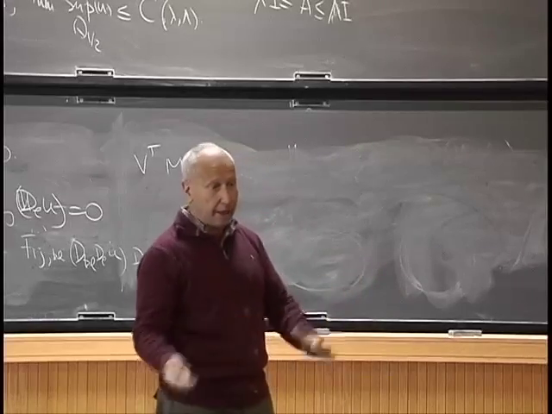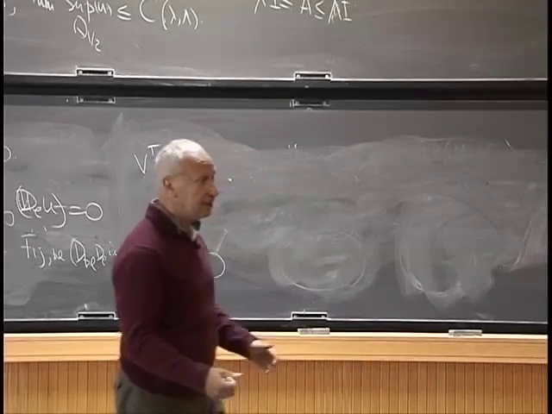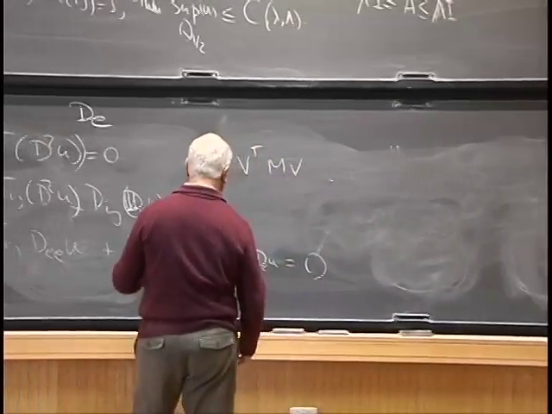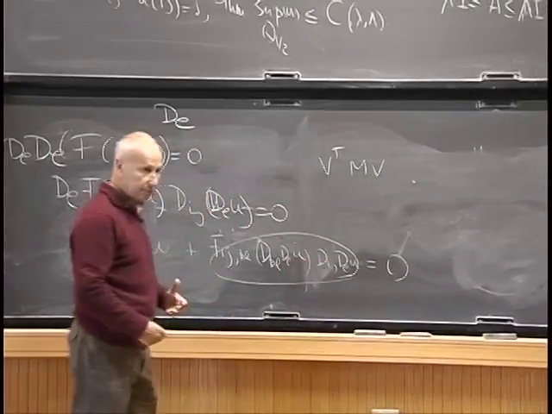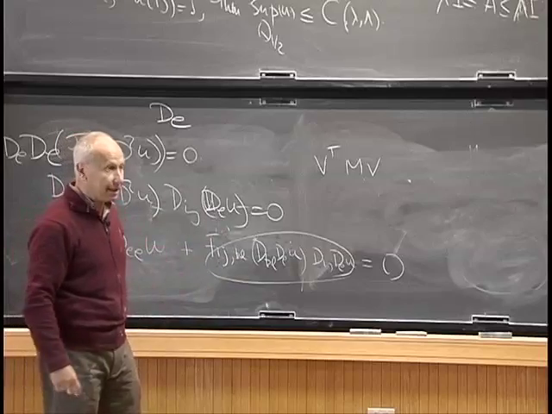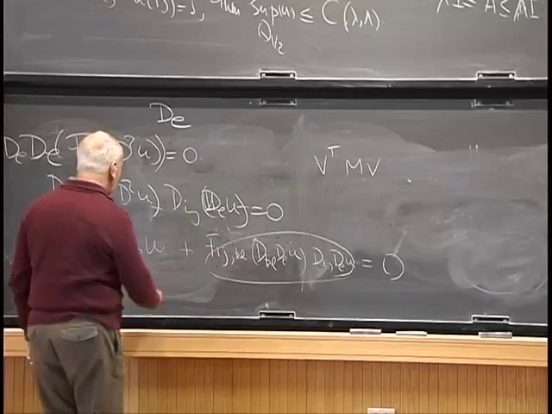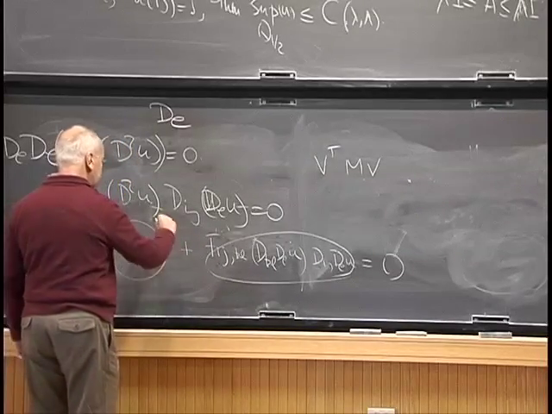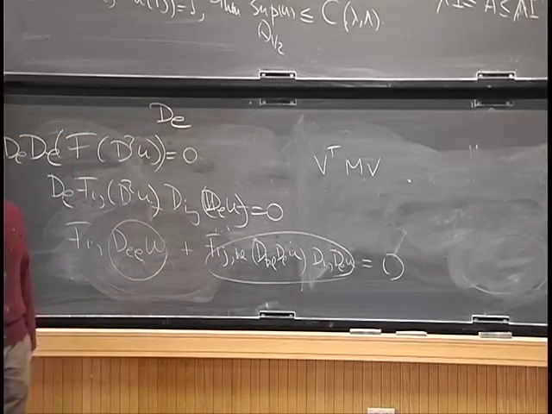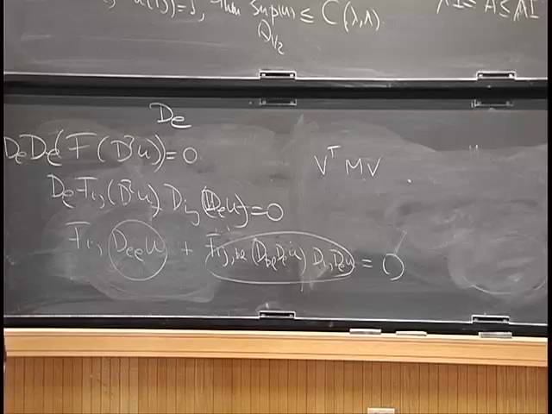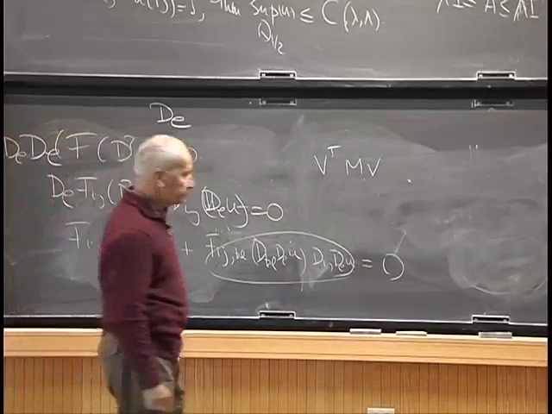If F is concave or convex, then this term has a sign. It's positive or negative, but it has a sign, which means that all pure second derivatives are subsolutions of an equation with bounded measurable coefficients.